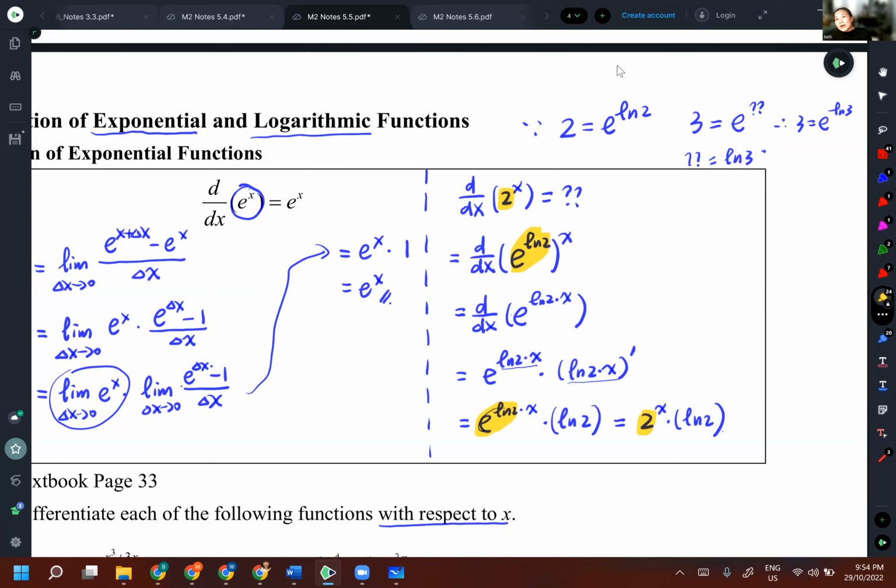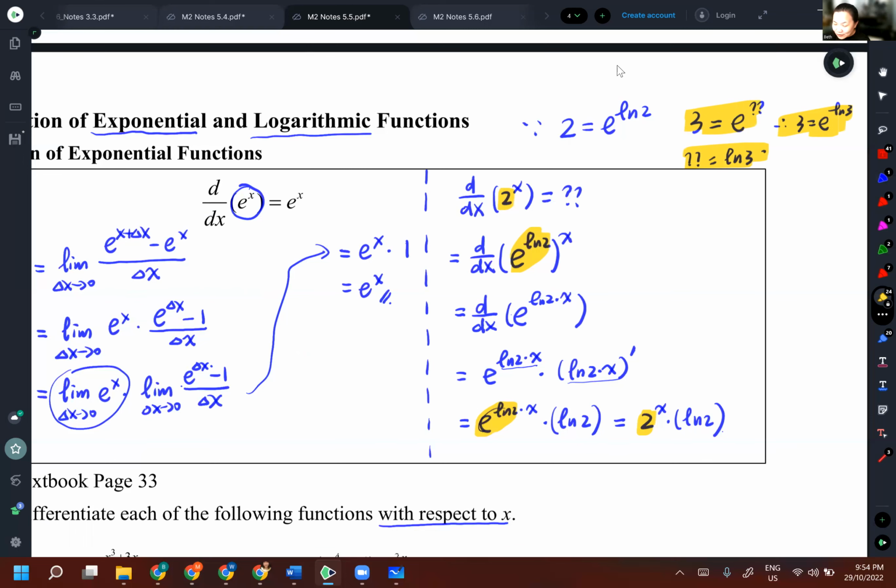If you are okay with changing any number to the base e, then it's okay. It's not easy though. You try to savor this method. How do you change a random number to base e?